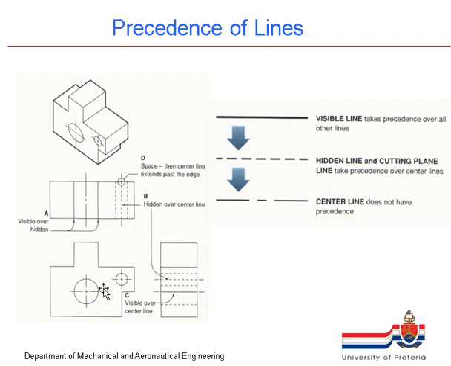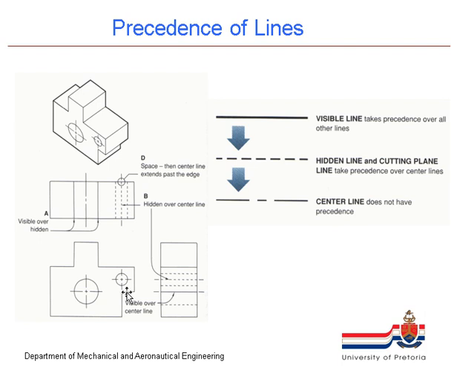But the hidden detail line for this top edge of the inner cylinder, the big cylinder, that hidden detail line is also in the same place as this small center line. So we then show the hidden detail line instead of showing the center line. The center line is, however, shown on the outside of the component where it protrudes out of the component.